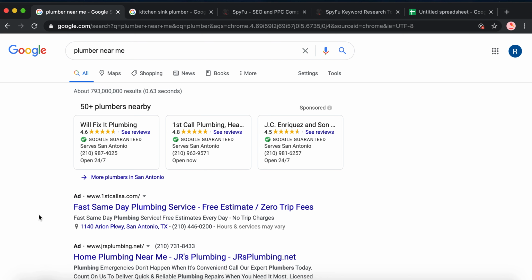A good thing to do here as well is to look at the ads at the bottom, and also look at the very bottom where it says searches related to plumber near me, because you get a lot of ideas here. For example, here at the bottom, you see cheap plumbers in San Antonio.